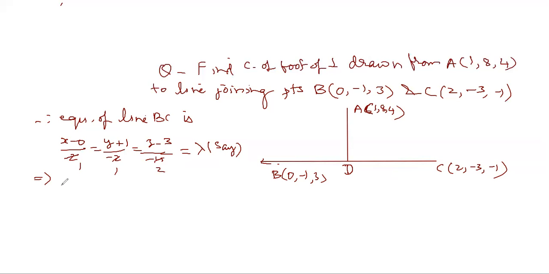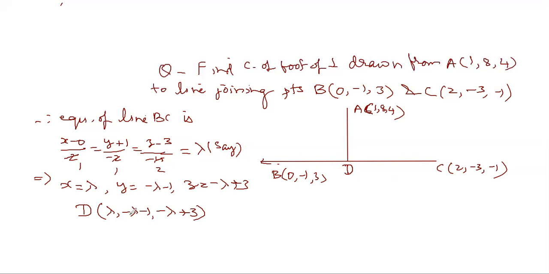So x will be equal to lambda, y will be equal to minus lambda minus 1, z will be equal to minus lambda plus 3. So the coordinates of D will be of this form for some value of lambda.